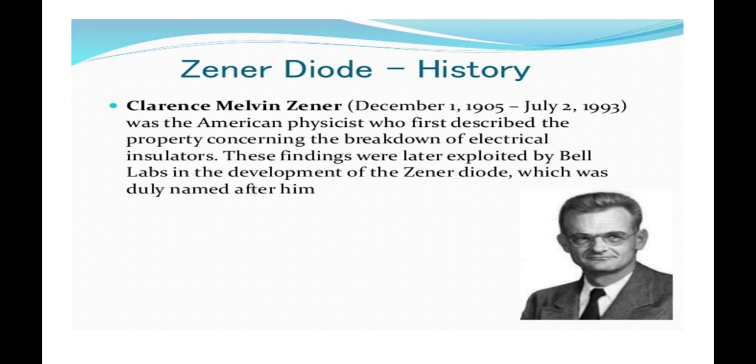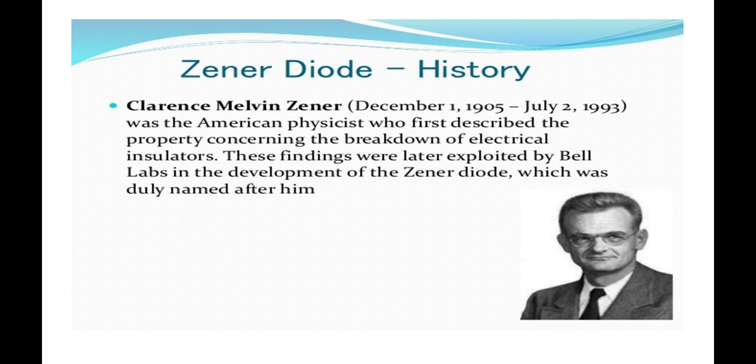Now the Zener diode history. Melvin Zener invented this Zener diode. He was the American physicist who first described the property of the breakdown of an electrical insulator.